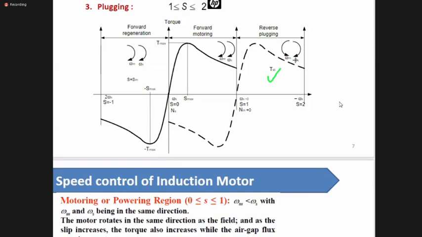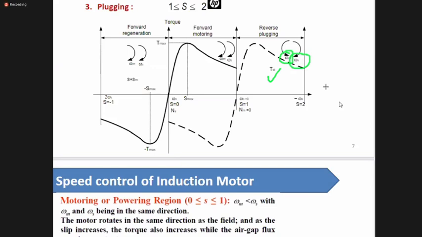So how do you ensure that these two rotations are in opposite directions? How is it possible? One is the mechanical speed, that is the rotary speed, right? And the other one is the virtual one, which is the synchronous speed, and because this is a three-phase machine, this is created by that ABC connection, right?